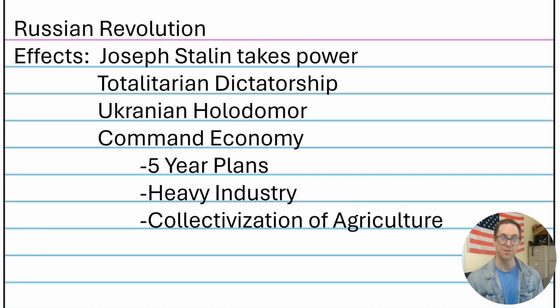Joseph Stalin certainly took it to a more famous extreme, like the Ukrainian Holodomor, which again is a forced famine. And in his command economy, he had 5-year plans with heavy industry, but he would also collectivize agriculture, where he would collect all of the food from the farmers and not split it up equally.